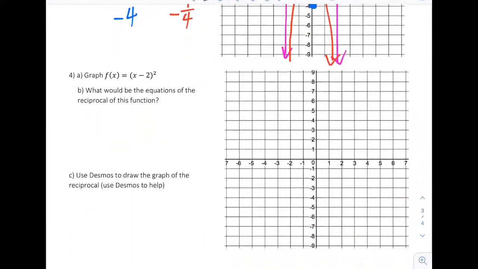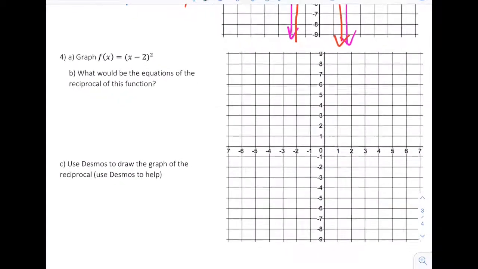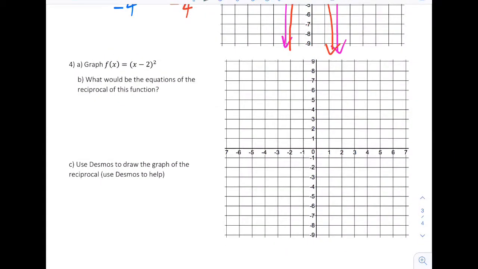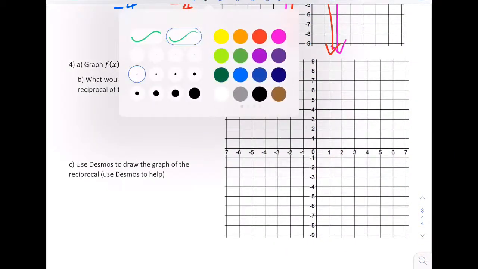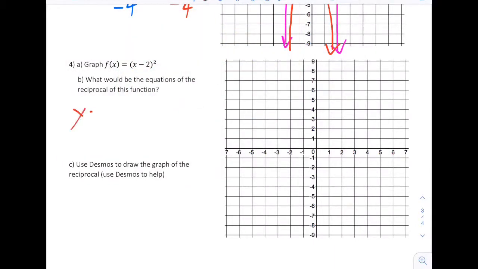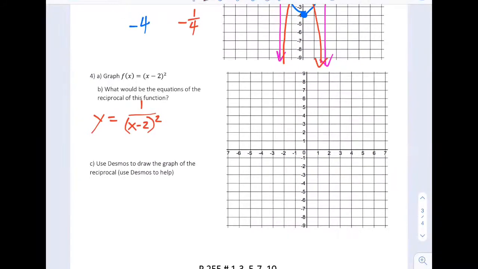So the last one that we have here is another quadratic. If we want to know what the graph is going to look like, well, you just put 1 over (x minus 2) squared. The graph of (x minus 2) squared, if I was to graph that one, looks like a quadratic that has been shifted 2 spots to the right.